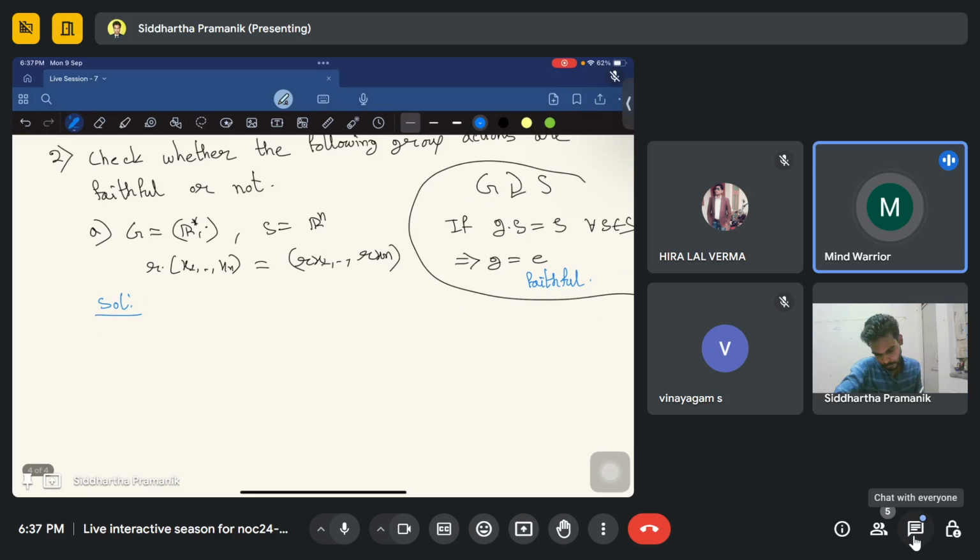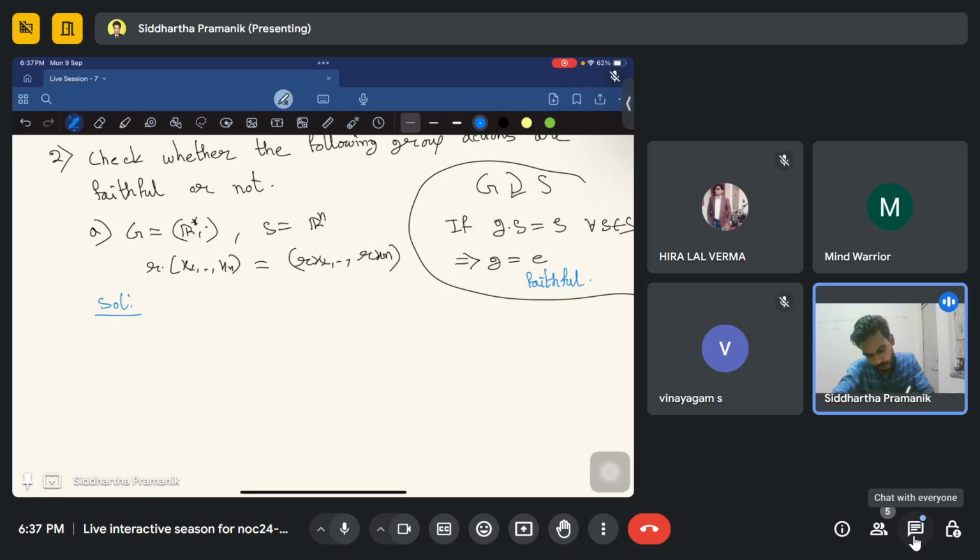If we take every element as 0, then g can be any number. No, it gives the same. g dot s equals s for all s belongs to S. This should be true.